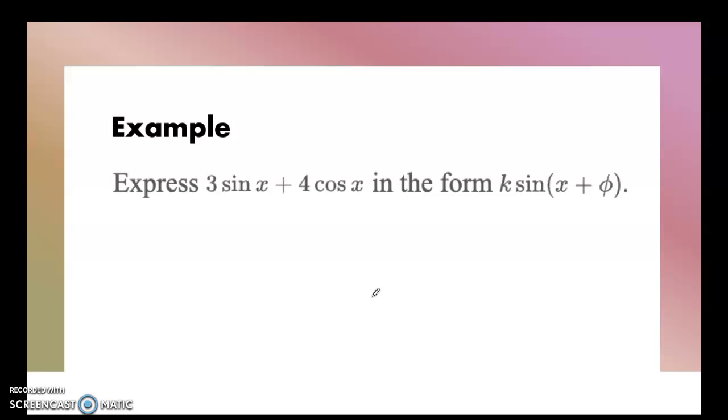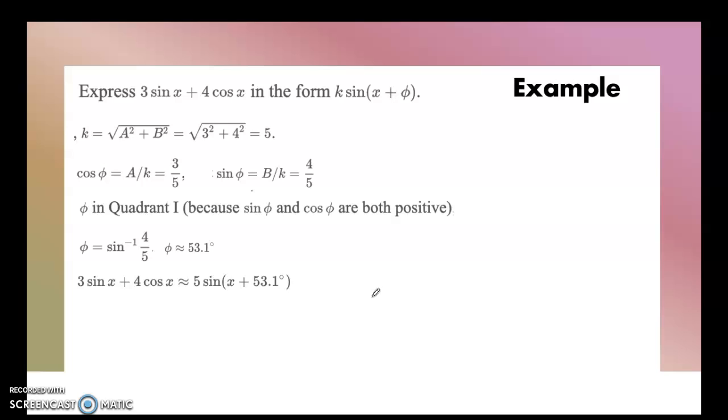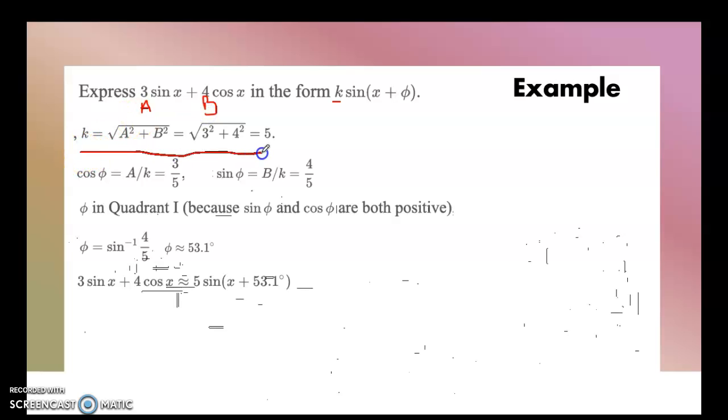So here's an example. We're going to express 3 sine x plus 4 cosine x in the form k sine of x plus phi. First thing I need to do is get my k. If 3 is my a and 4 is my b, I just substitute them into the formula for k, and I find that k is equal to 5.